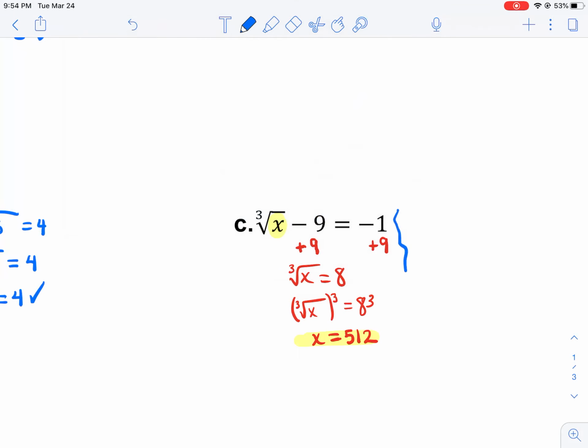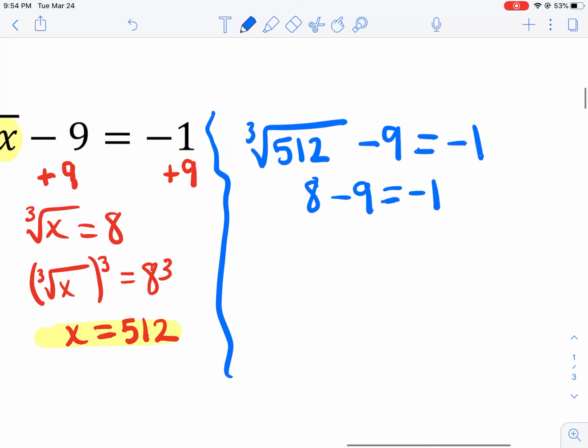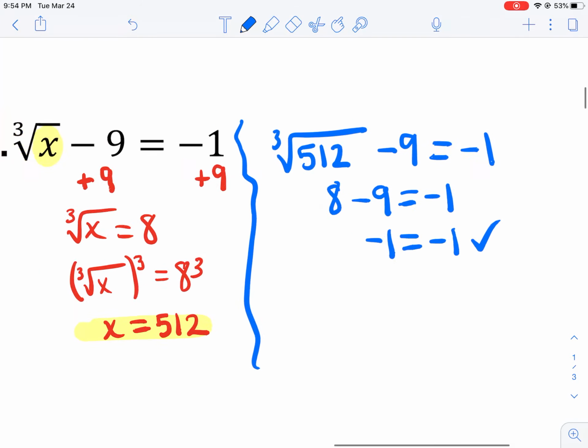Here's where we would have gotten a gross answer if we had the wrong answer. So plug in the third root of 512 minus 9 equals negative 1. Order of operations says you do that root first. So the cube root of 512 is going to be, guess what, 8. If you typed it into your calculator, you would get 8. 8 minus 9 is negative 1, which in fact equals negative 1, so we're good.